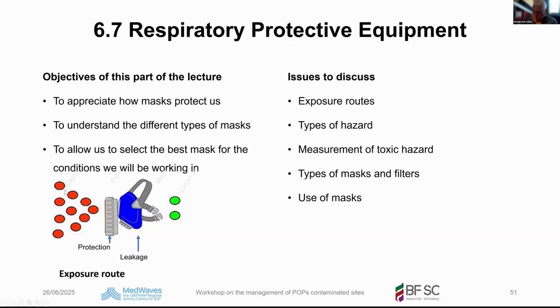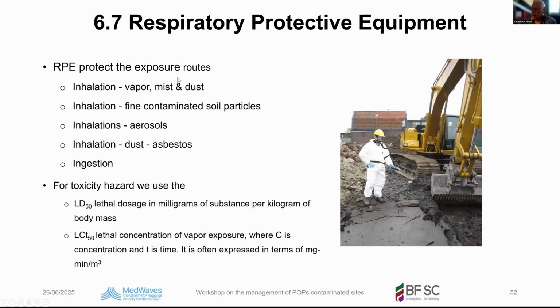You have a vapor, you want protection, the vapor goes through the filter, enters the inside of the mask, and you have clean air. But this mask, where this clean air is, will always leak to a certain extent. The RPE protects against exposure routes: inhalation of vapor, mist and dust, inhalation of fine contaminated soil particles, inhalation of aerosols, inhalation of dust and asbestos, and ingestion.